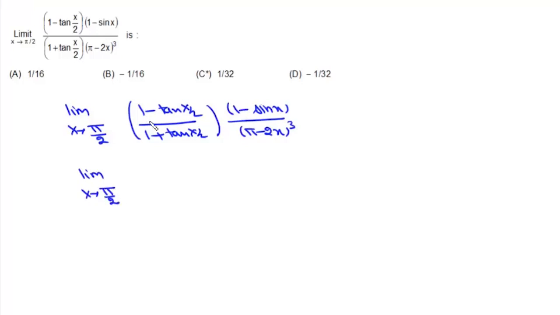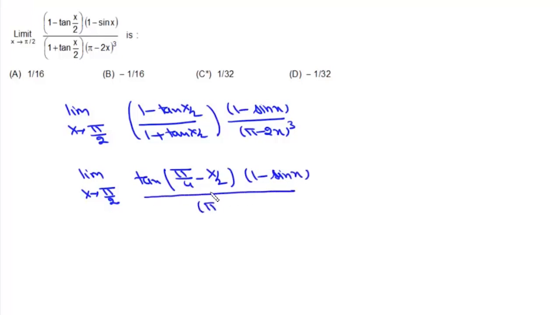Now this is tan(pi by 4 minus x by 2), so it will be this tan(pi by 4 minus x by 2) into 1 minus sin x upon, we'll take 2 common, so it will be 8 times (pi by 2 minus x) whole cube.